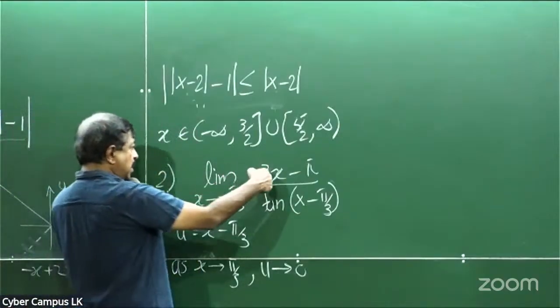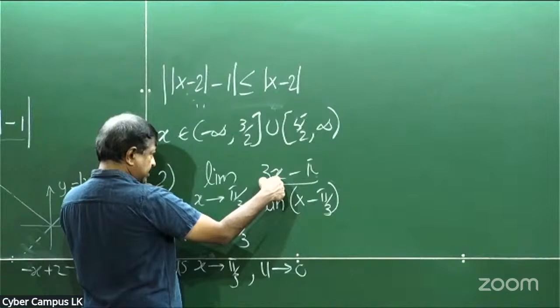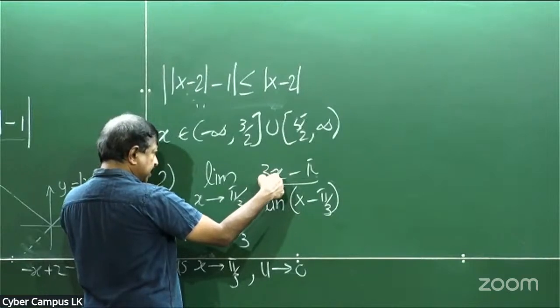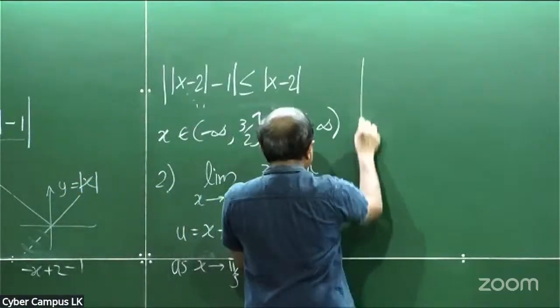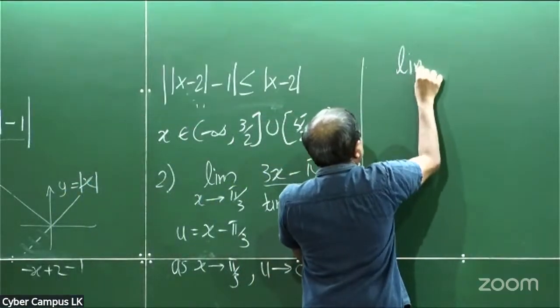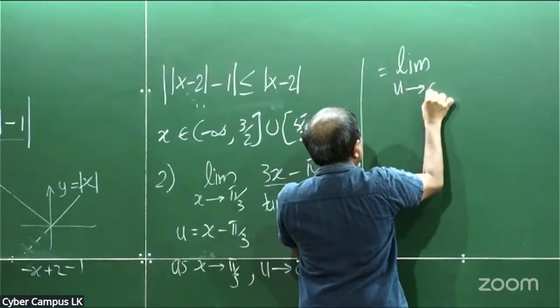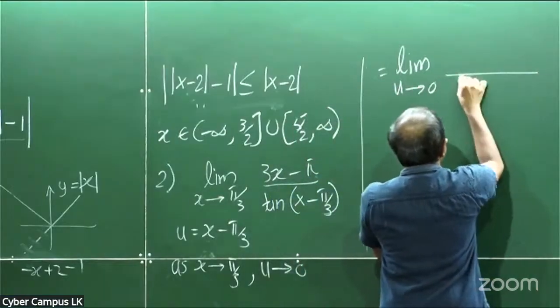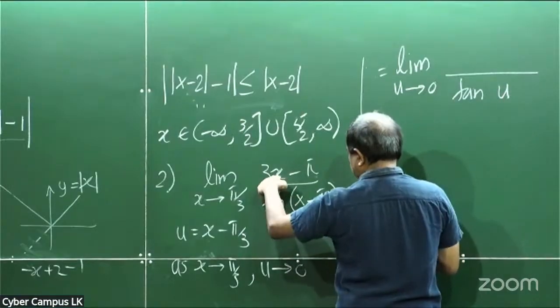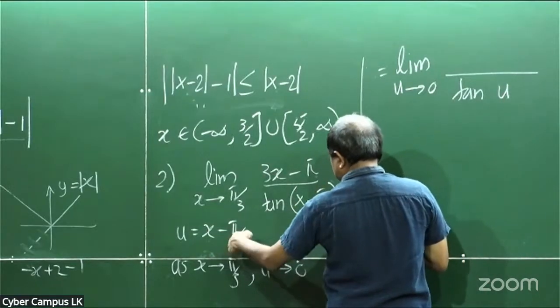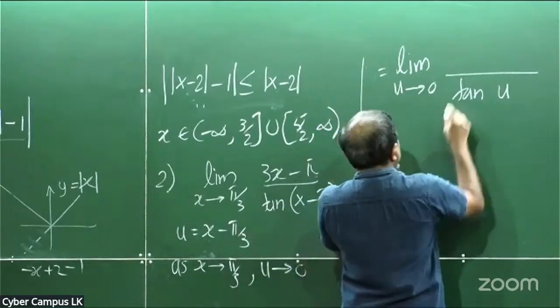If you pull out 3, it is 3 minus pi by 3. Okay, so limit u goes to 0, tan u. And if you substitute x is equal to u plus pi by 3.